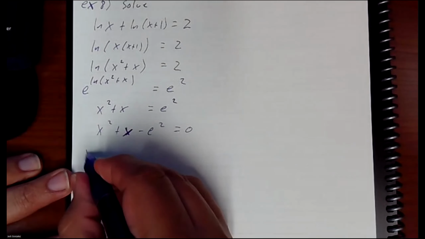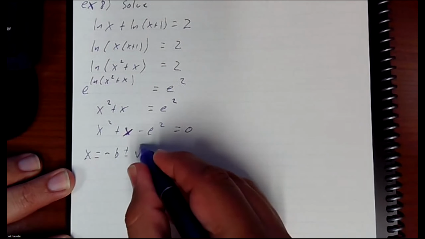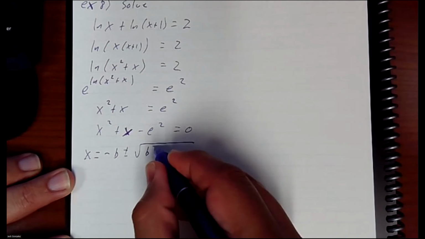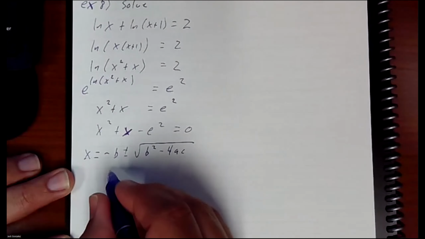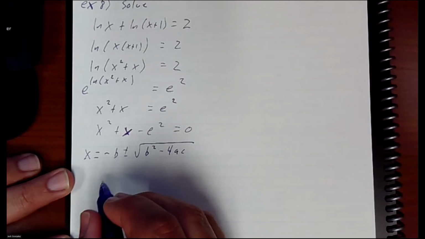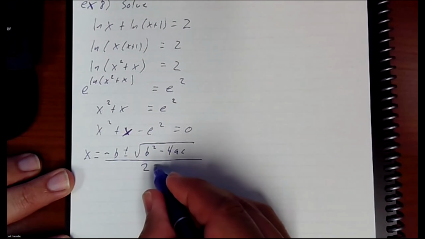Oh well. Okay. So the quadratic formula says negative b plus or minus the square root of b squared minus 4ac, over 2a.